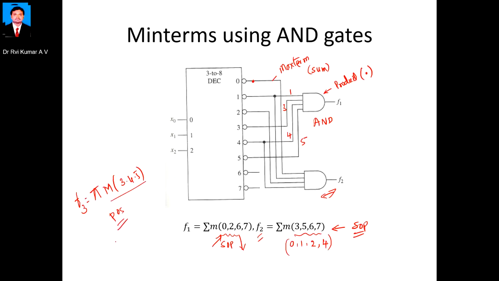So I can directly take the values 3 and 4 and 5, and I get a sum term. Then I want to use the product, so I use a NAND gate to implement this F3, because here we are getting an inversion. So this is how we can implement a Boolean function by using a decoder.